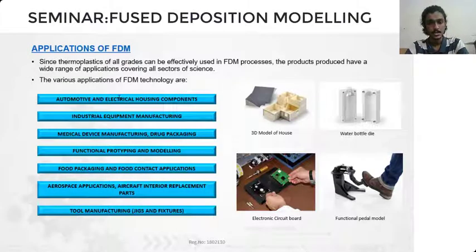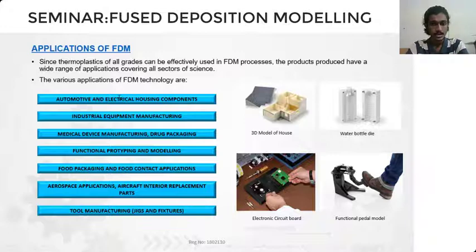Let's come to the application part of FDM. To be frank, FDM focuses on all the sectors of technology and provides its help for the development of technology. We can see its role in automotive and electrical housing component manufacturing, industrial equipment manufacturing, and its predominance in medical device manufacturing, drug packaging, and aiding goods.